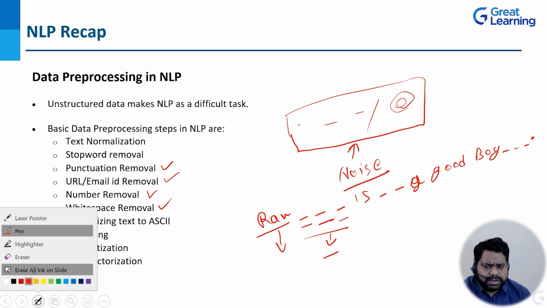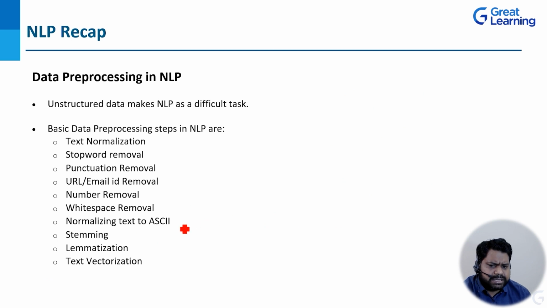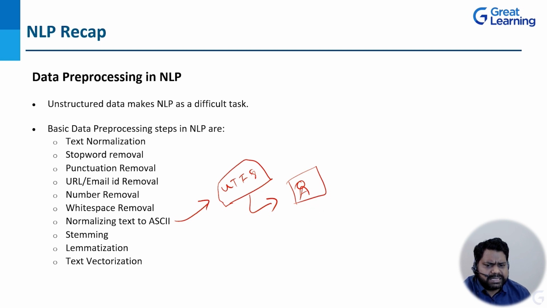Similarly, when our text is written in another encoder, let's say UTF-8, or any other text encoded in some other encoder, there may be a special character that is not necessary or which is unknown to ASCII.